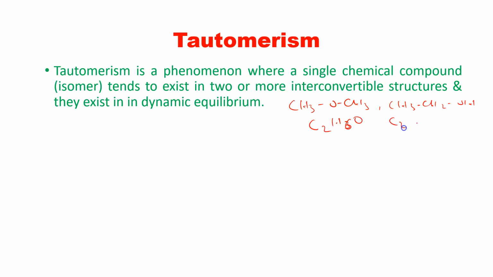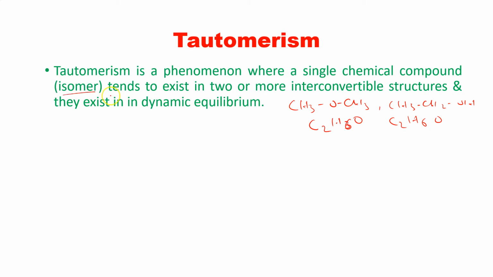And in this case also carbons are 2, hydrogens are 3 plus 2 plus 1, so it becomes 6, and oxygen is 1. In both cases, one is the structure of dimethyl ether and one is the structure of ethyl alcohol. In both cases the molecular formula is the same, but only the structure is different. So this is said to be an isomer, or structural isomer particularly.